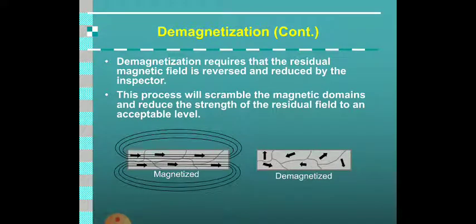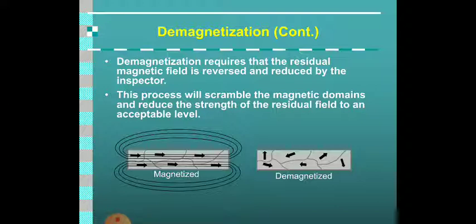Then demagnetization is required, where the residual magnetic field is reversed and reduced by the inspector, and this process will scramble the magnetic domains and reduce the strength of the residual field to an acceptable level. So that is how we can demagnetize.